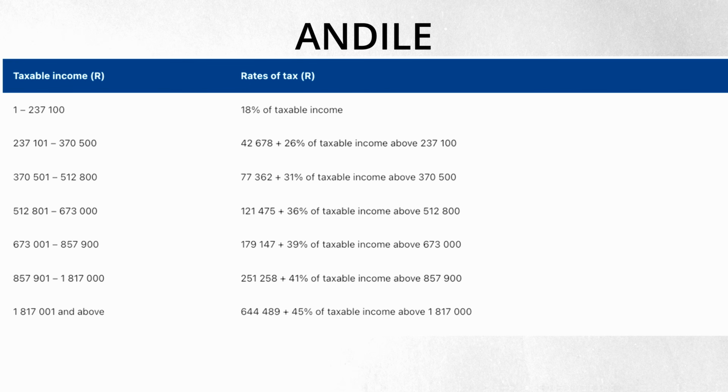And notice how SARS has already calculated all the tax for all the brackets except the marginal one. They say here in the bracket that Andile is in that his tax is 121,475 plus 36% of the amount above 512,800. So we could have skipped doing all this math on all the steps and simply done the last step, adding the 49,392 to the 121,475 that SARS has already calculated for us.